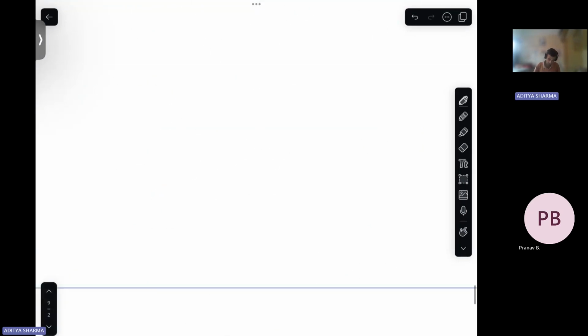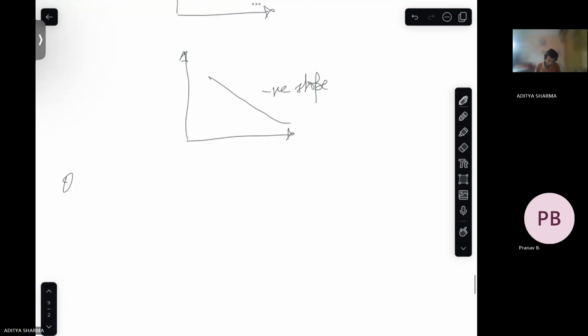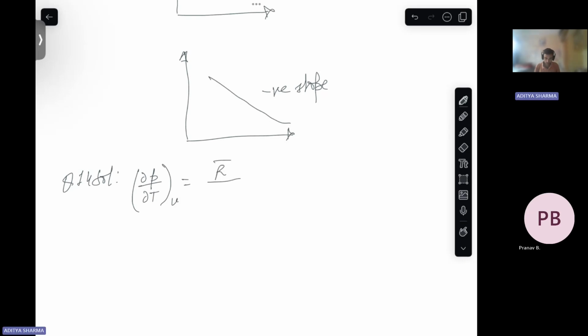So question 14. So we have been given dou P by dou T at constant volume as R bar by (V minus B) plus A by 2V. This is the equation of state which has been given to us.